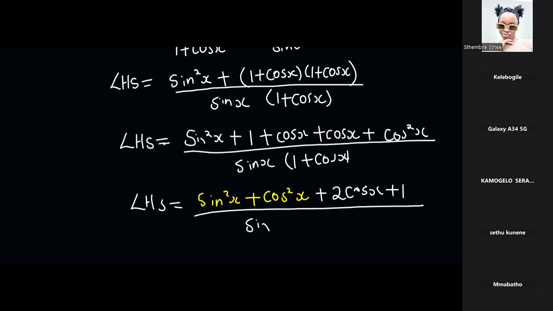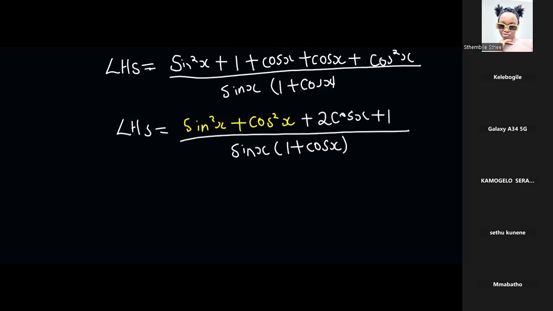One thing that you must remember, the yellow part, sin squared x plus cos squared x, is an identity that gives you 1. So you'll say left-hand side equals 1 plus 2 cos x plus 1 all over sin of x into 1 plus cos of x.